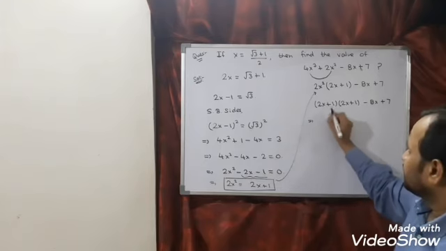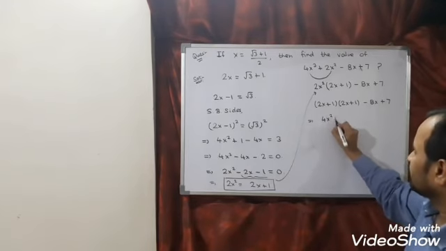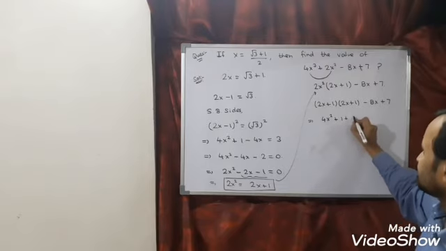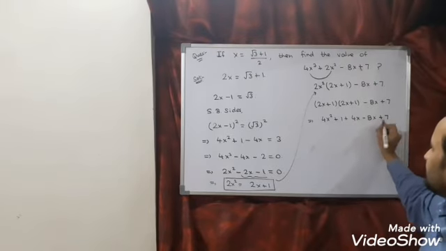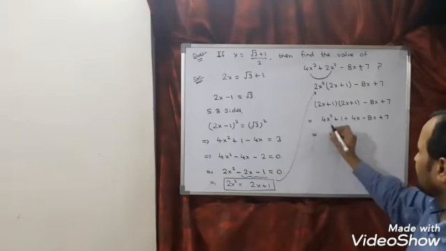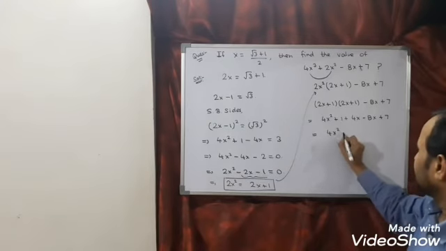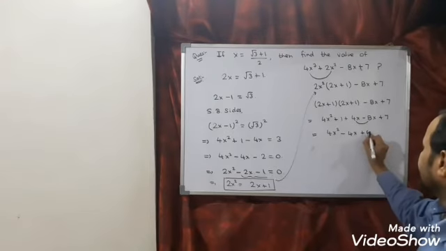Expand a plus b whole square: 4x square plus 1 plus 4x minus 8x plus 7. Or this we can write as 4x square minus 4x plus 8.